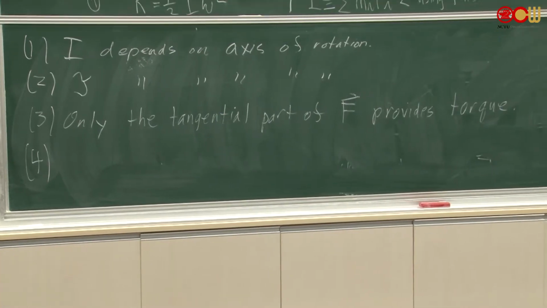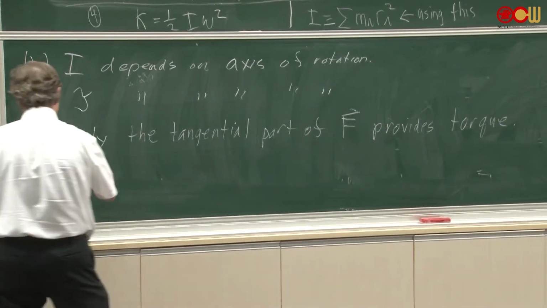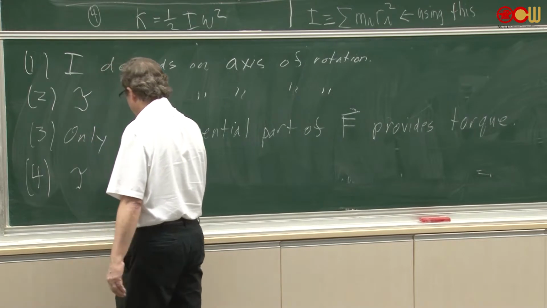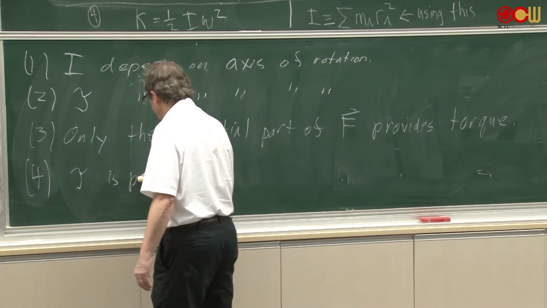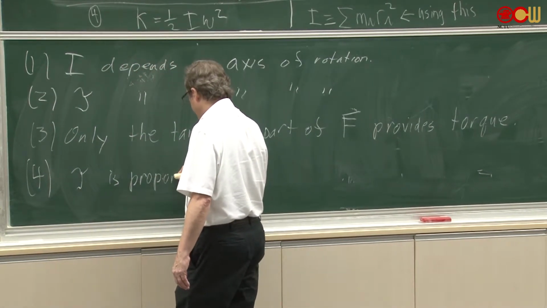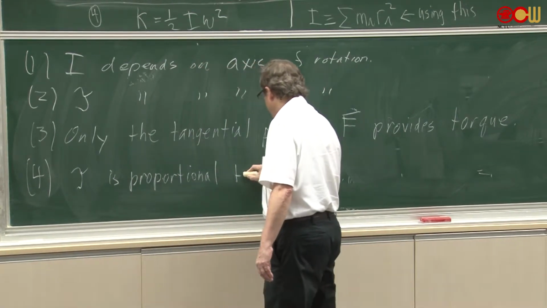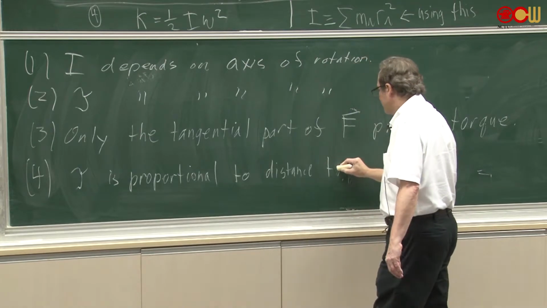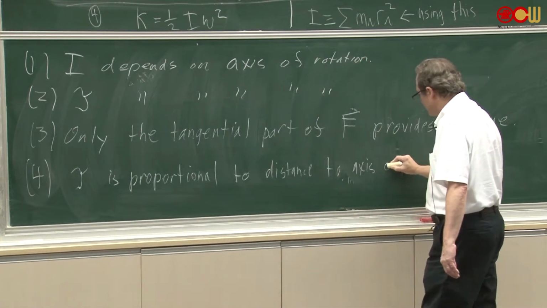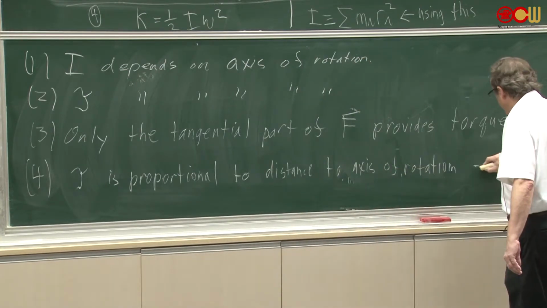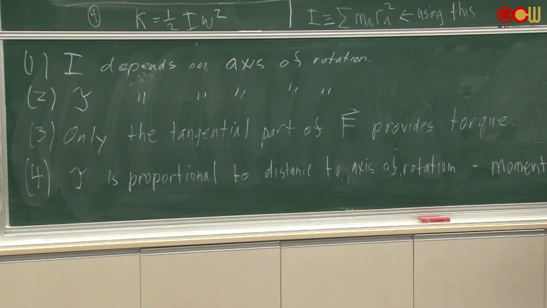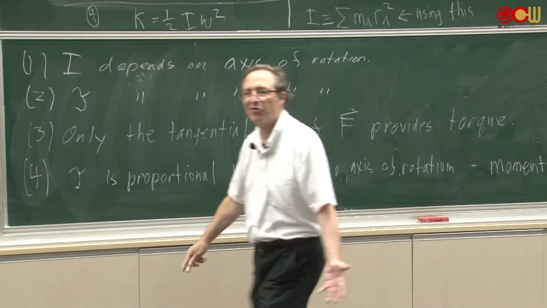Okay. And as we just showed, torque is proportional to distance to axis of rotation. Distance is sometimes given a name called the moment arm. Don't ask me why, but it's called the moment arm.